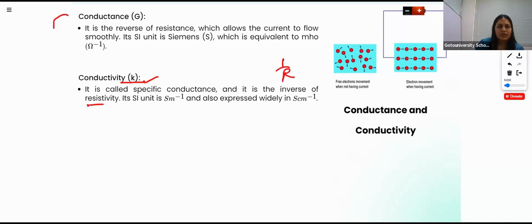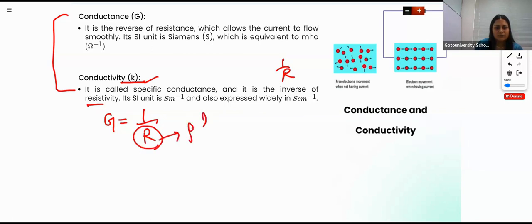So how are these two related to each other? As we have discussed, conductance is the reverse of resistance, right? And resistance was rho L over A, right? So that means conductance is 1 over rho L by A, which will become A over rho L, right?